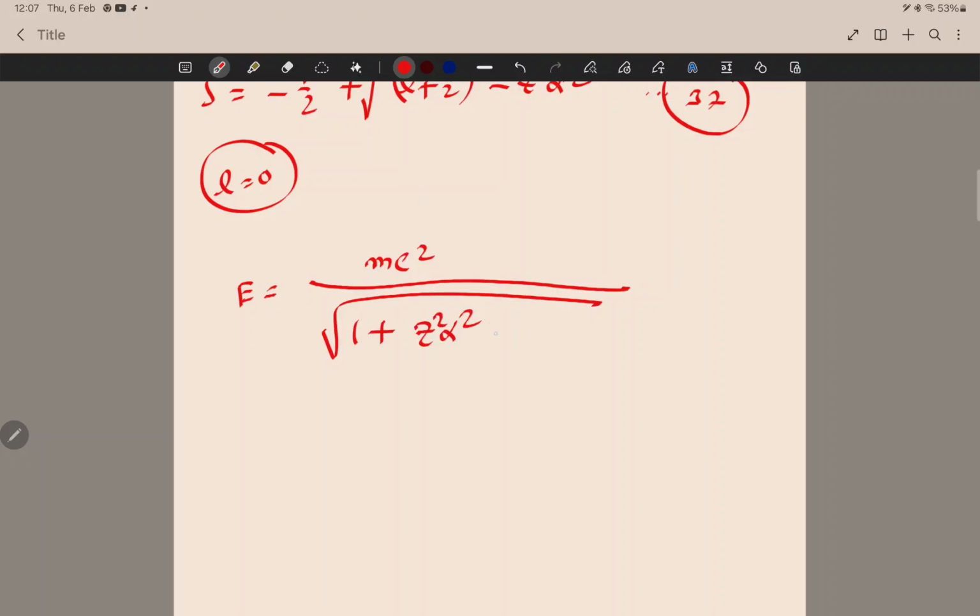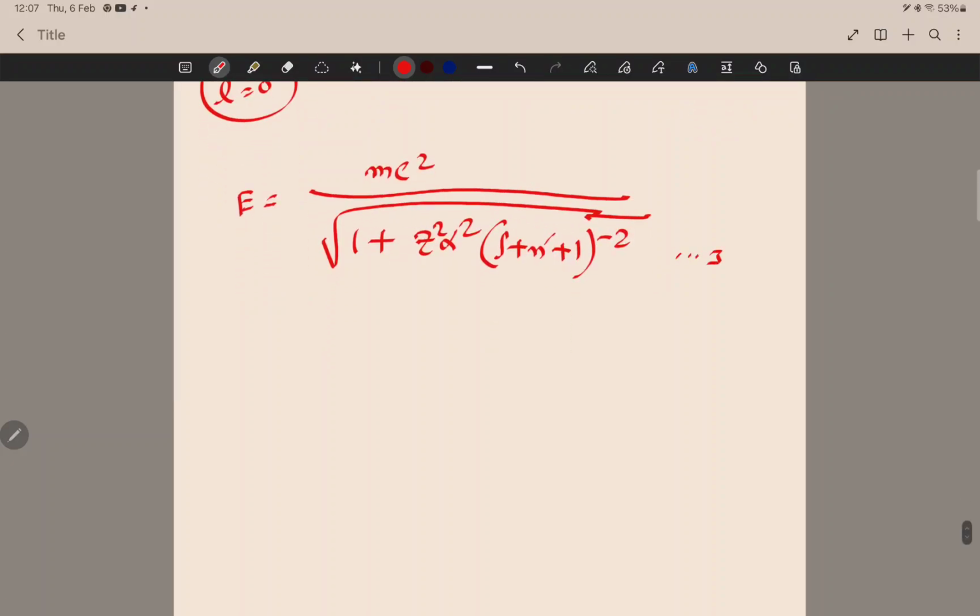We find E equal to mc square divided by root under 1 plus z square alpha square divided by (s plus n' plus 1) whole square, to the power minus 1 by 2. This is equation number 38.